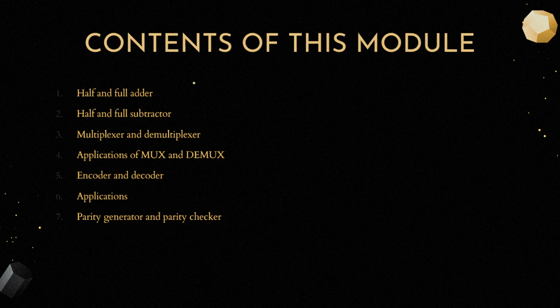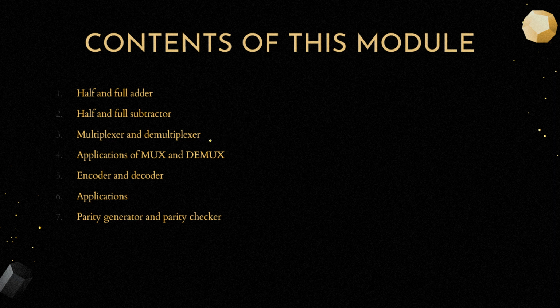The topics that we'll be covering in this module are all related to various combinational logic circuits, and we'll also be seeing how we can make our own logic circuits for any given expression or any given encoder. The first topics that we'll be talking about are half adder and full adder. Then we'll move to half and full subtractor.